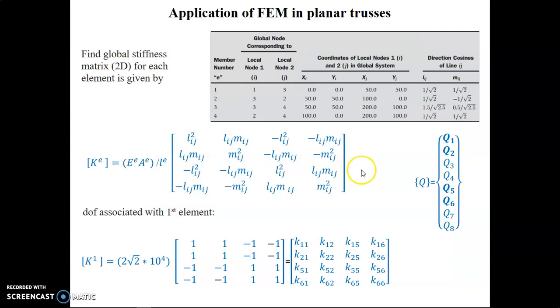So we will be dealing with the degrees of freedom related to Q1, Q2, Q5 and Q6. Accordingly we will be naming the stiffness coefficients K11, K12, K15 and K16, and similarly K11, K21, K51, K61, and the rest of the terms will be filled as shown here.